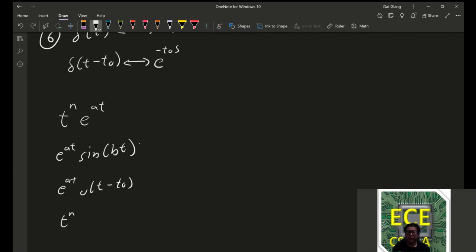All of these you can definitely just apply the transformation to, and you are able to show that there is a valid Laplace transform for all of these.